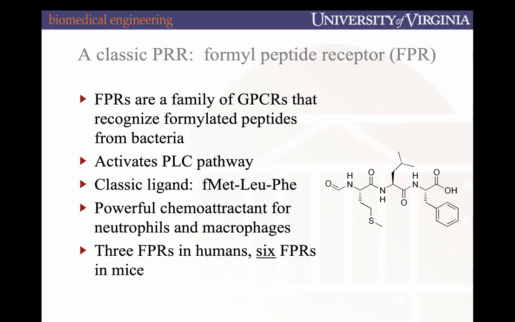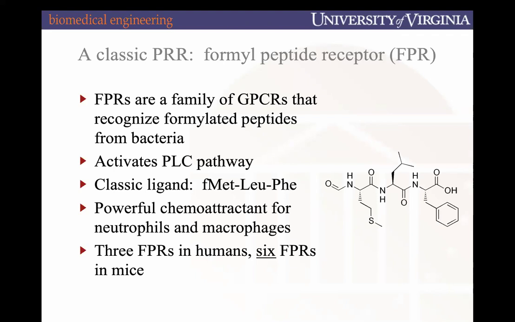We're going to talk about that when we get to transcription. The reason I'm saying that is because that start codon encodes for an amino acid, methionine. In our cells, it's not formylated. Again, a virtual asterisk of how our cells are different than the pathogens. In bacteria, methionine is formylated. So these formyl peptide receptors recognize formylated methionine with a couple amino acids that follow it.